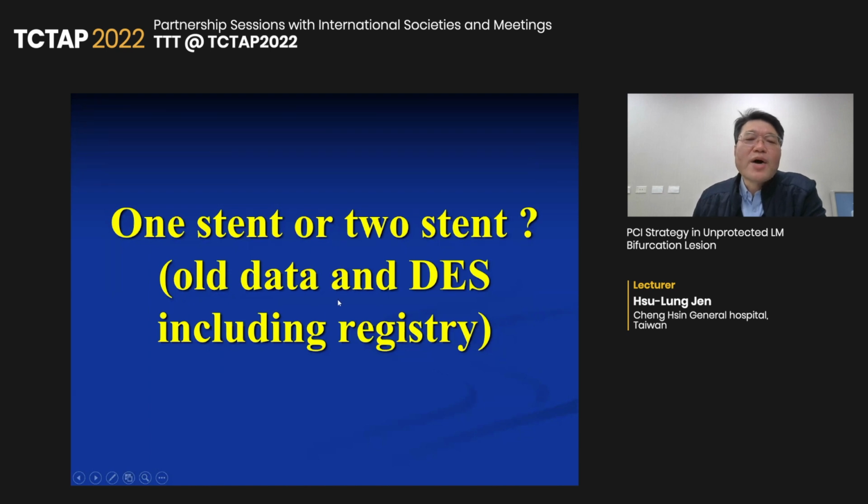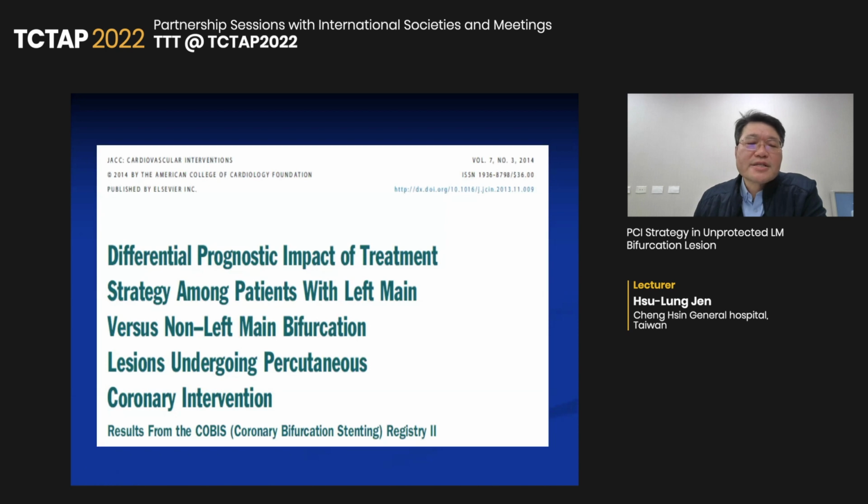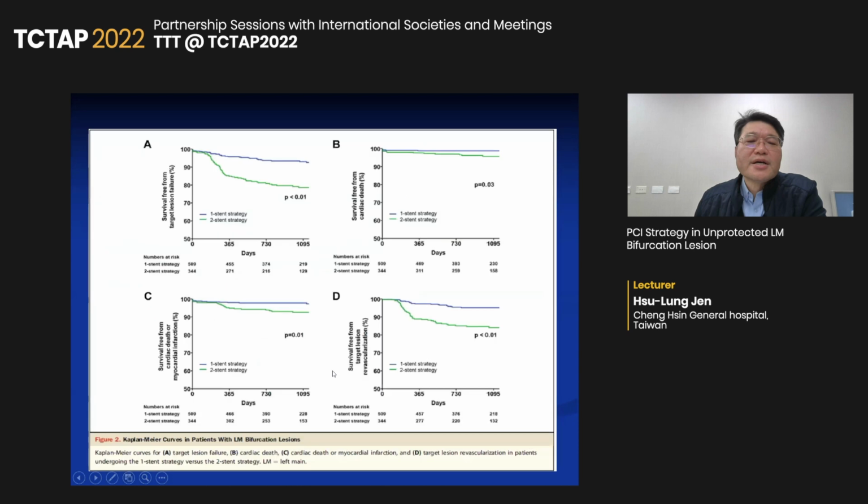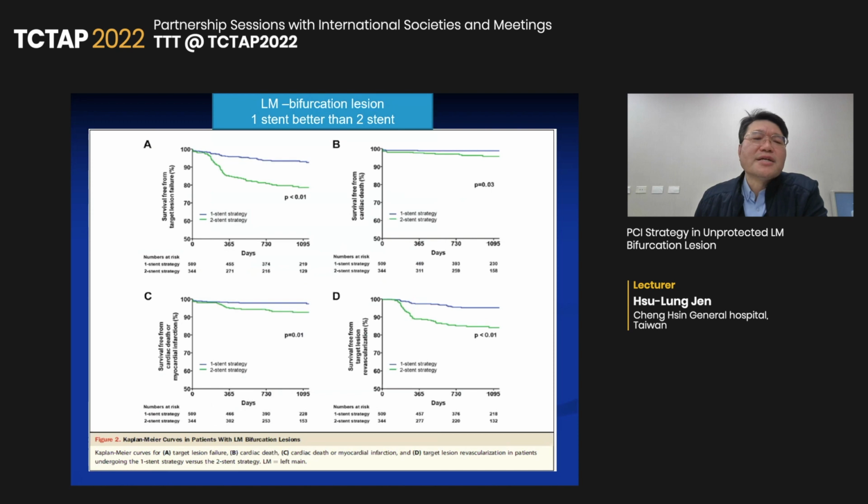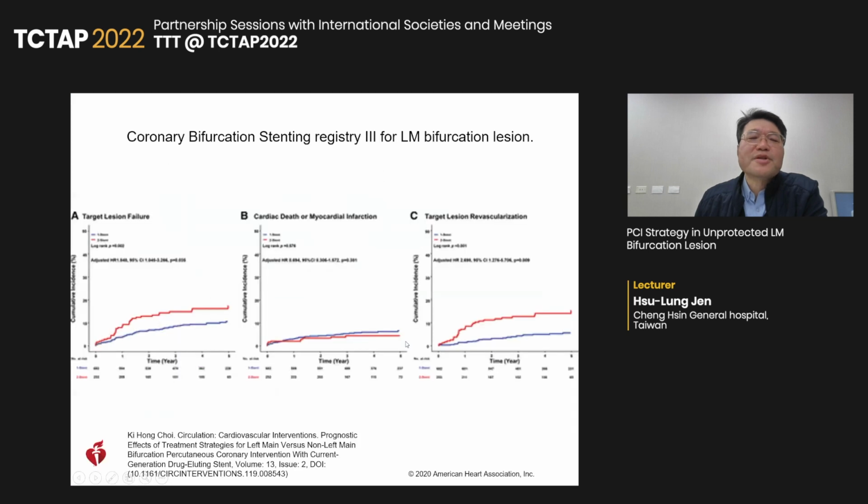So how about the one-stent or two-stent strategy? We can see the previous paper such as the DKCRUSH or COVID-2 registry, and it showed that a two-stent strategy for the left main region had more major events, including target vessel failure and target vessel revascularization.